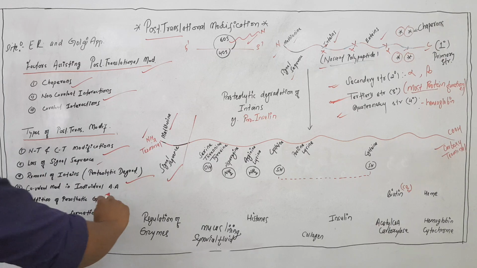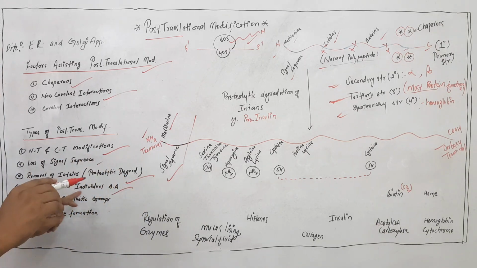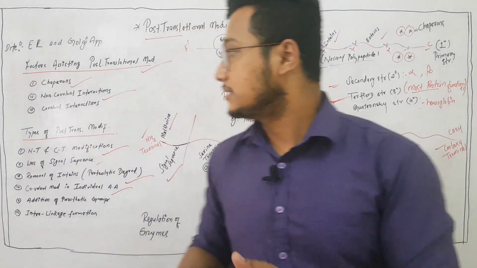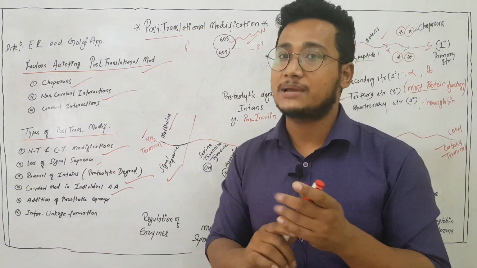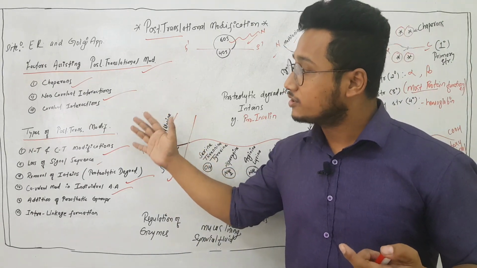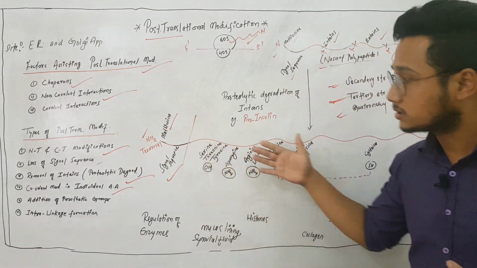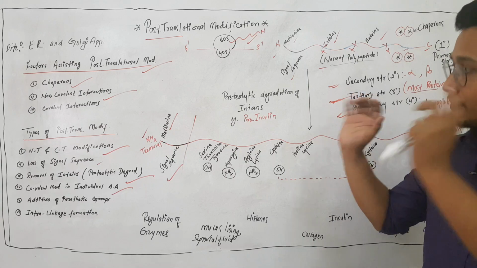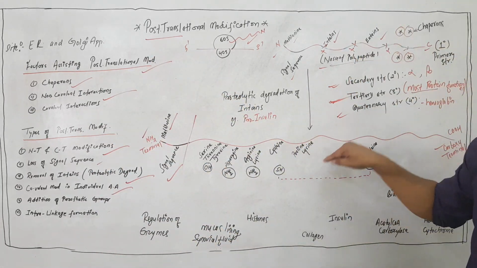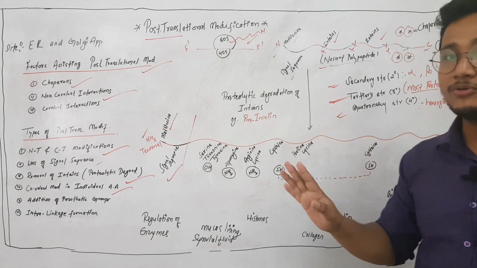Now, covalent modification in individual amino acids. What you have to remember is that these types of modifications which I am explaining are the types of modification that could occur. It's not compulsory that all these modifications happen in every protein. No, it's not going to happen like that.